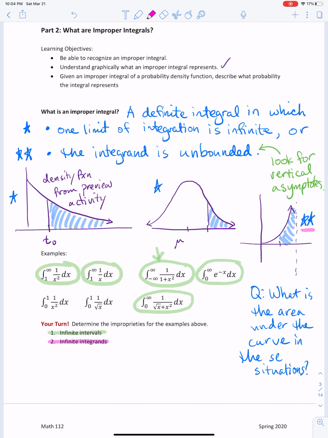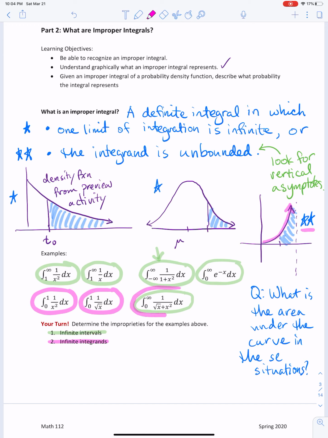You can see, as in this case, when the function is shooting off towards infinity, there's not a well-defined area here under the curve. So there were actually 3 different of these integrals that displayed those kinds of improprieties.